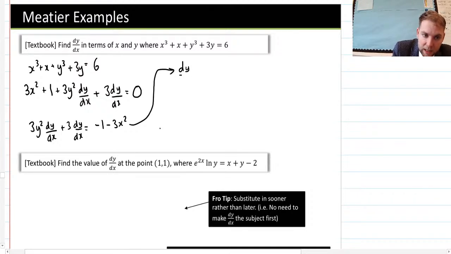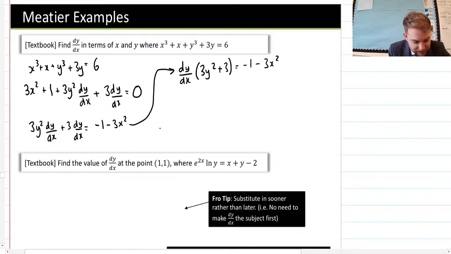So dy by dx times by 3y squared plus 3 is equal to minus 1 minus 3x squared. And then divide by all of this to get dy by dx on its own.